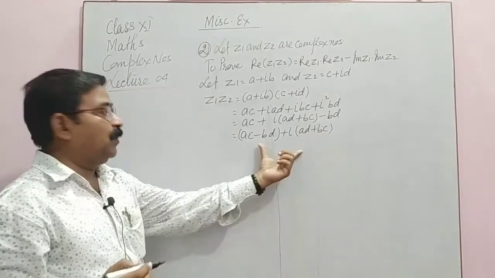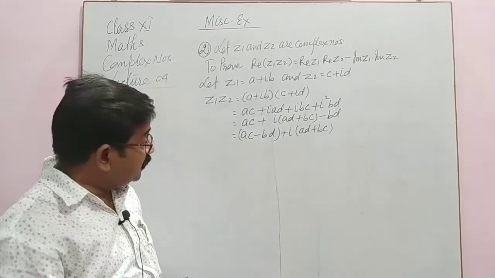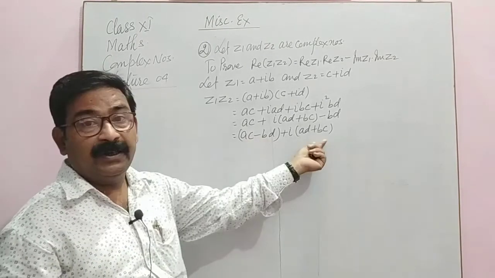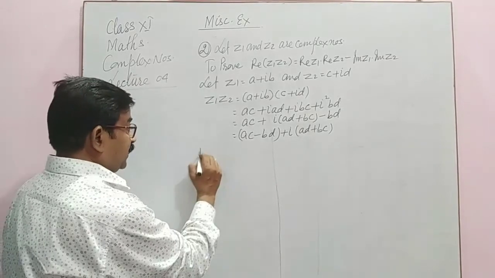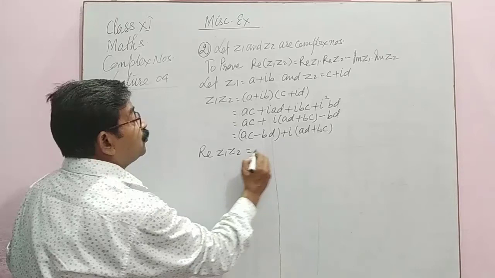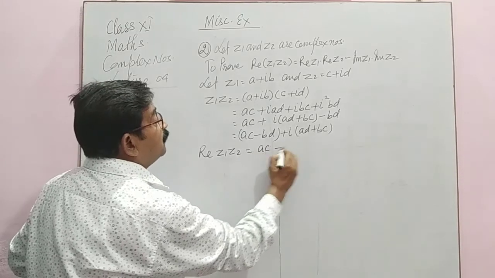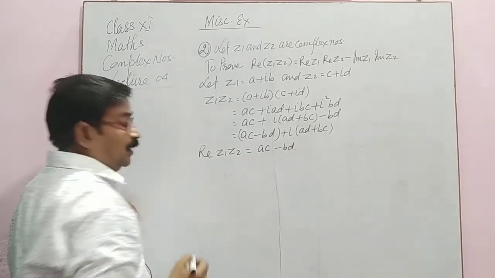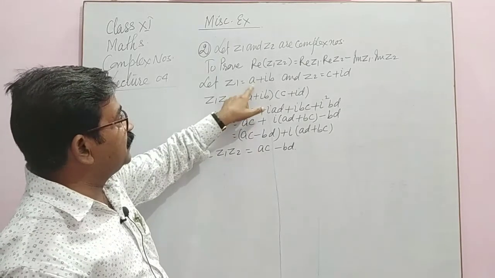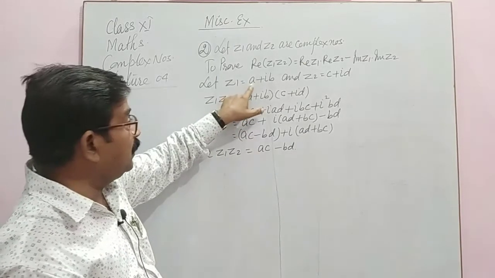So this is a form of complex number. In this complex number, this is the real part and this is the imaginary part. So let's write real z1 z2 is equal to ac minus bd. Now let's see what a is. A is real z1. In z1 we have the real part.